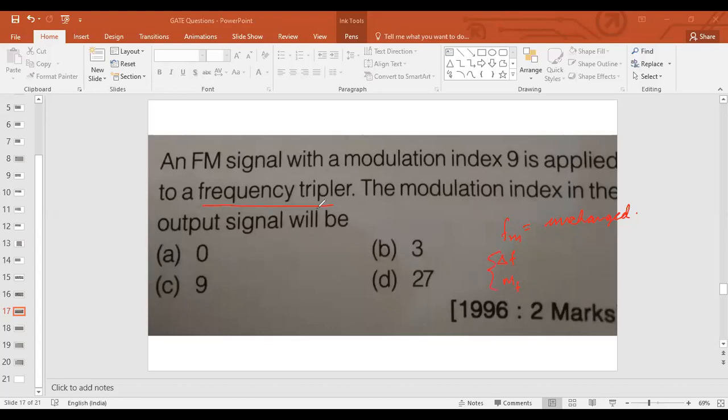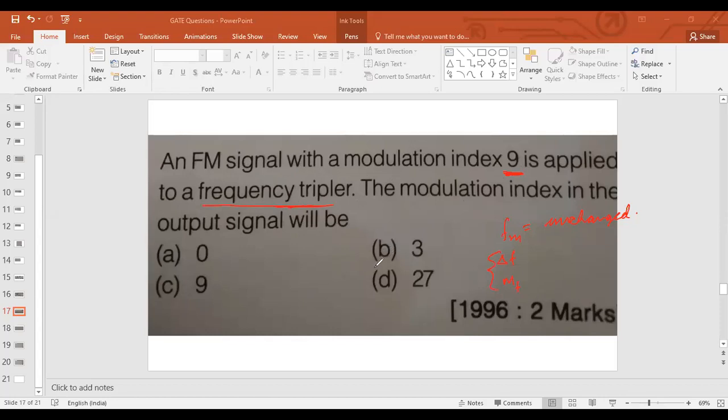So based upon this value, what will the modulation index in the output be? What was given earlier? An FM signal with a modulation index of 9. So when the modulation index is 9 and a frequency tripler is used, what will happen? What should be the answer?